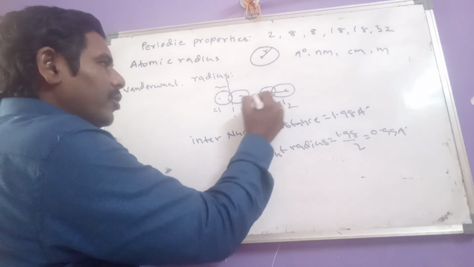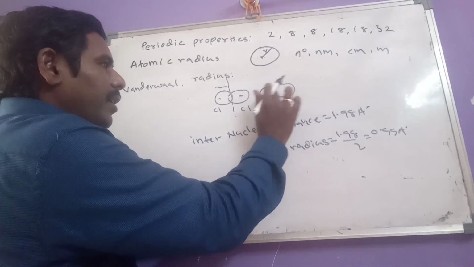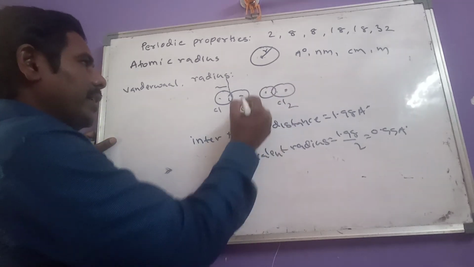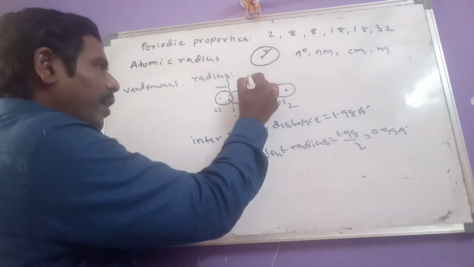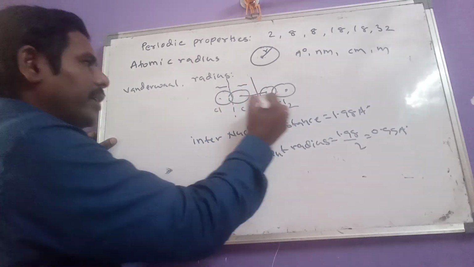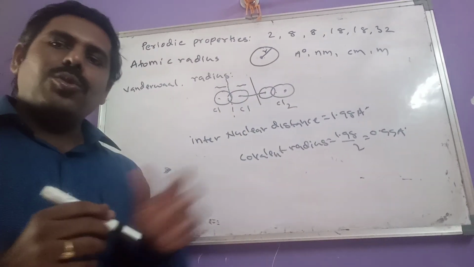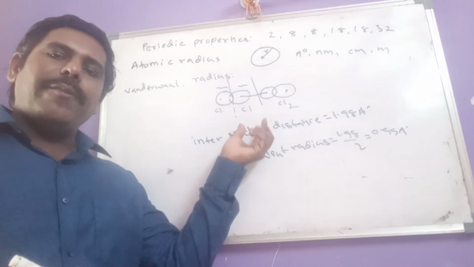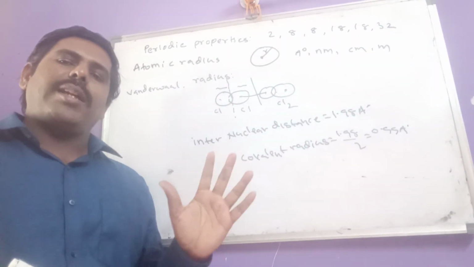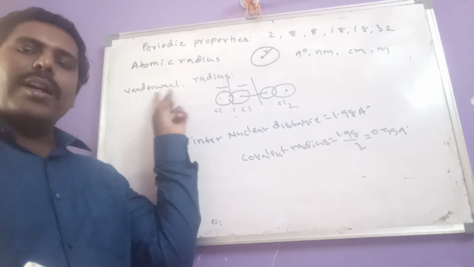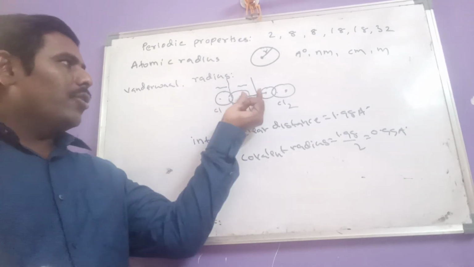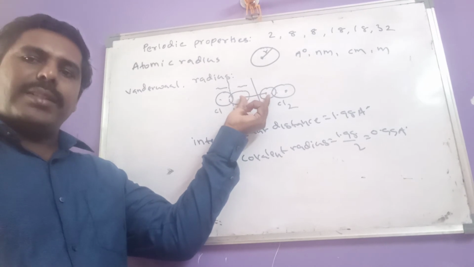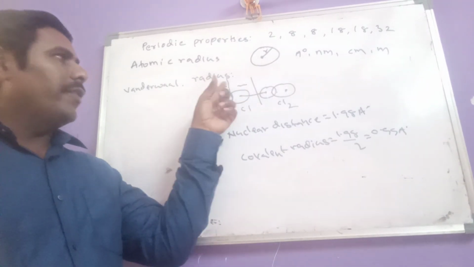In between these two molecules, weak van der Waal attractions are there in the solid state. Half of the internuclear distance of two different molecules held together by weak van der Waal attractions is known as van der Waal radius. So half of this internuclear distance is called van der Waal radius.